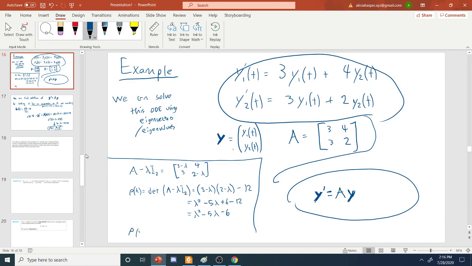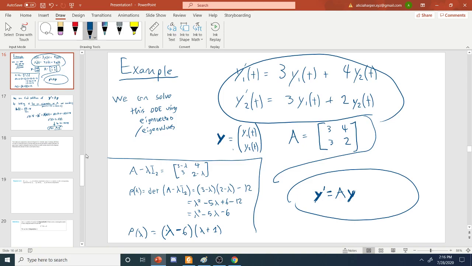And we can figure out its roots pretty easily. P of lambda is going to be equal to lambda minus 6, and then times lambda plus 1. So the roots are 6 and negative 1.